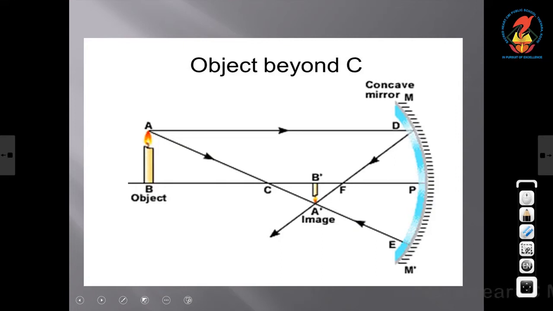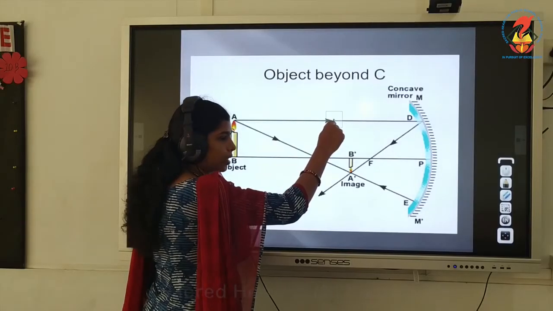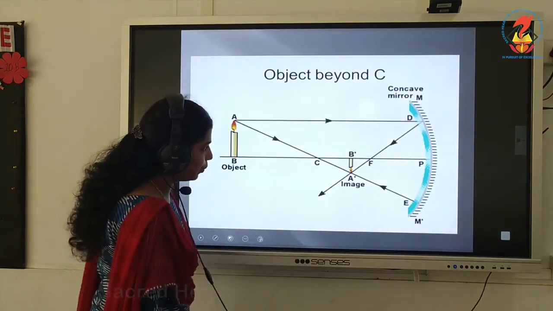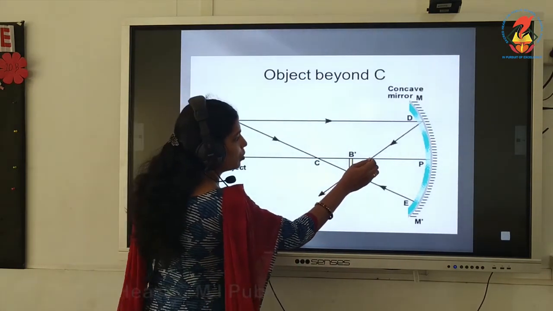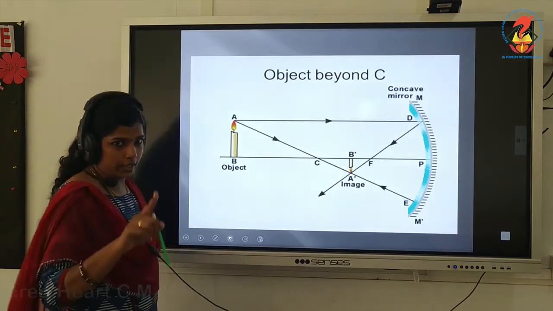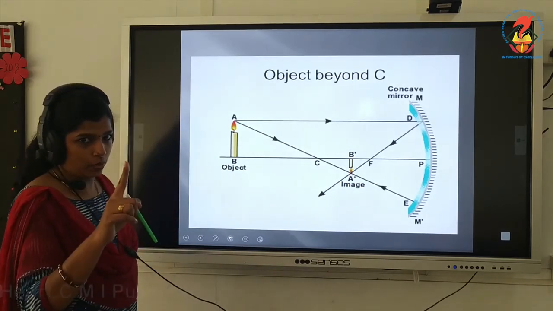Now, two rays are there. First one, a ray of light parallel to the principal axis. After reflection, it will pass through the principal focus. That's the first rule.